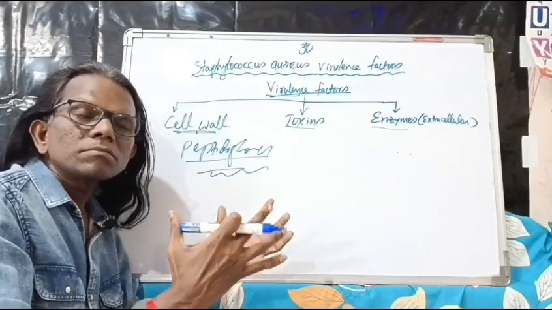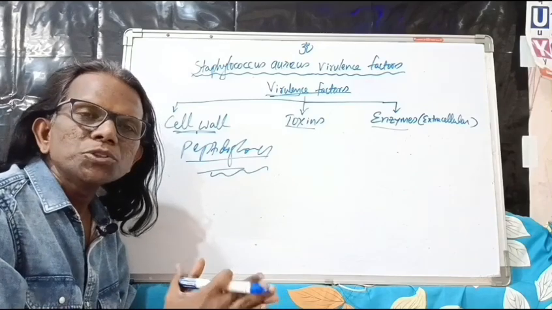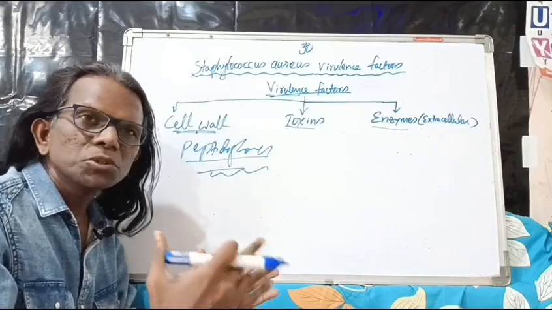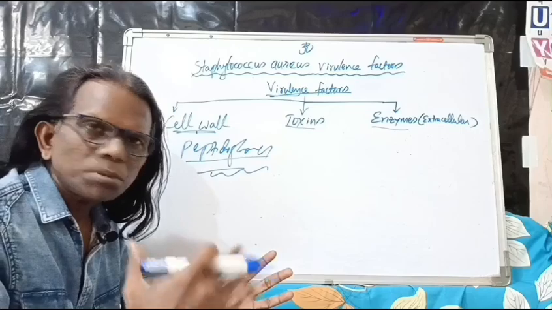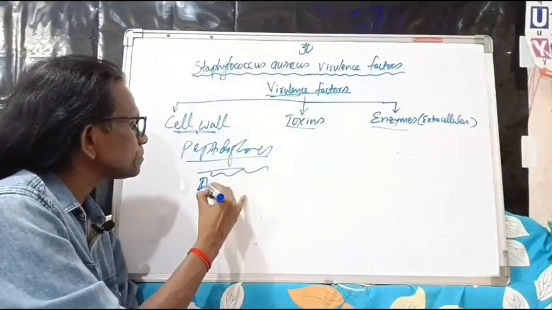The cell wall of the gram-positive Staphylococcus mostly comprises the peptidoglycan layer, which acts against inflammatory reactions.